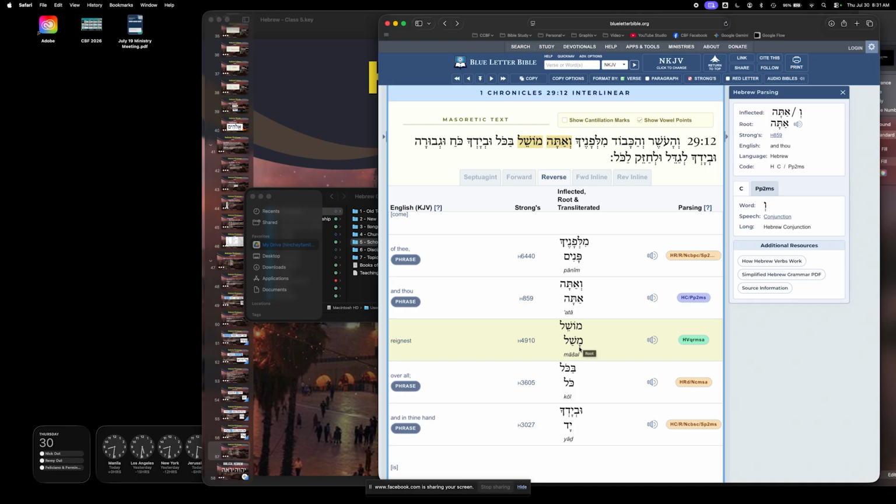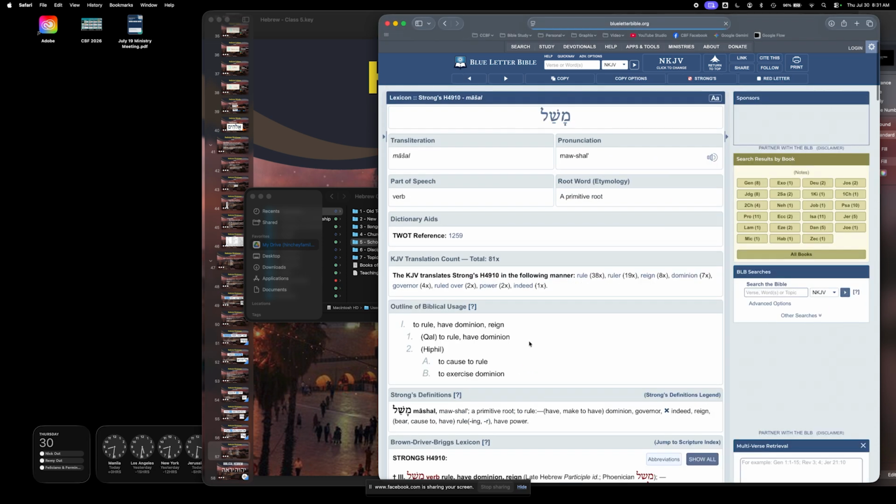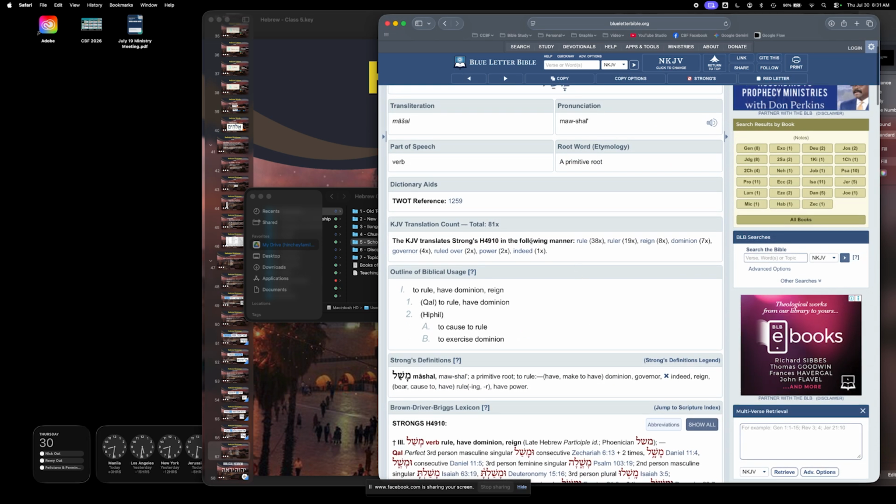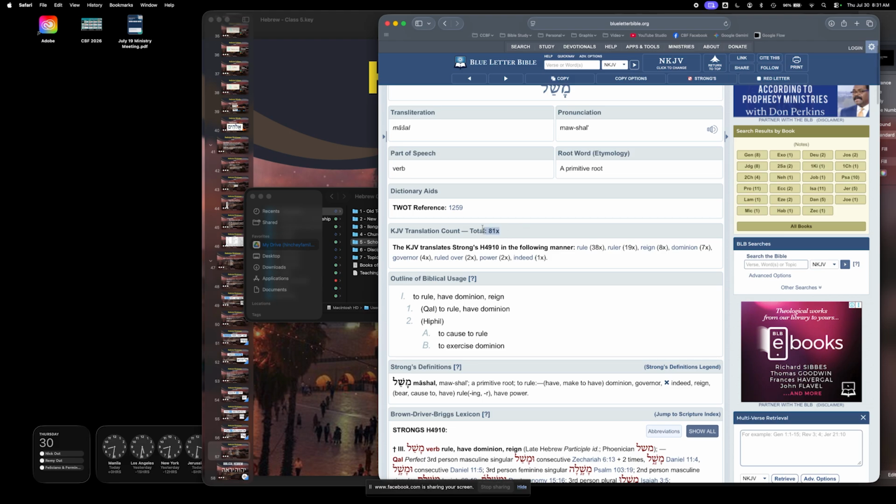You have the mem, comets, shin, pata, lamed, mashal, 4910. Mashal means to rule, 81 times in the Hebrew Bible. It means to rule, reign, have dominion, rule over, govern, power. So it all has the same idea. Fundamentally, it means to rule.